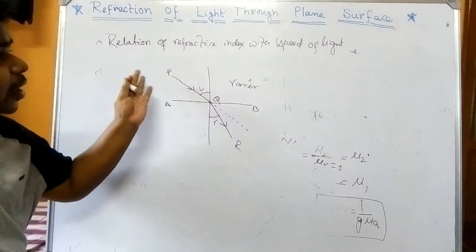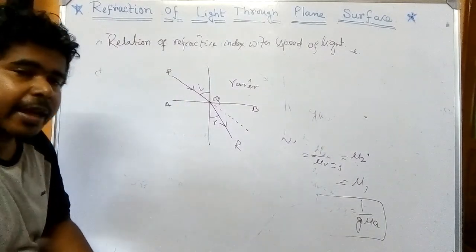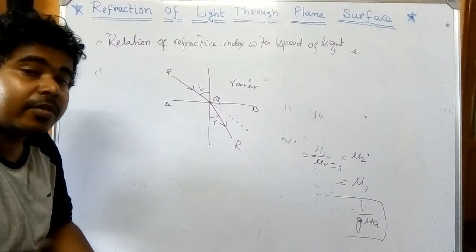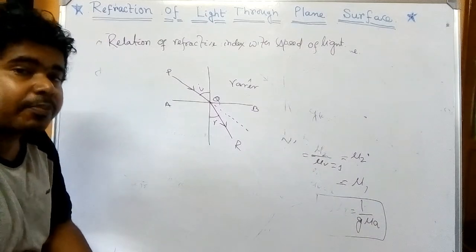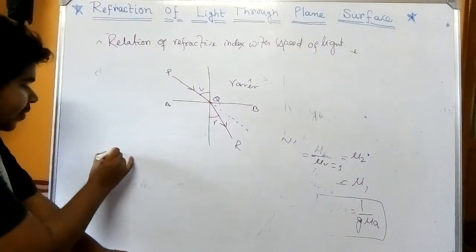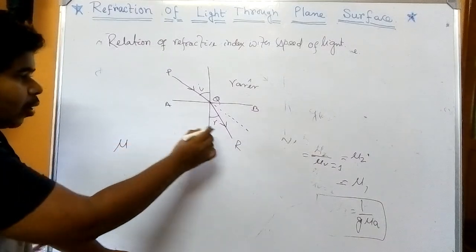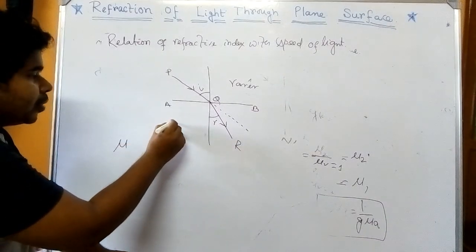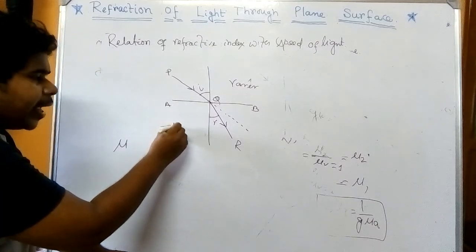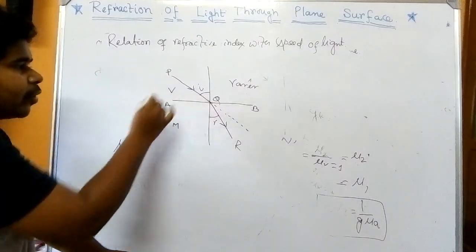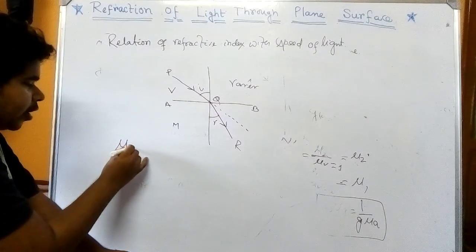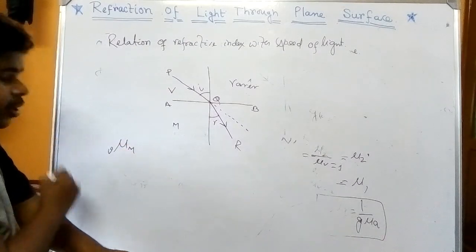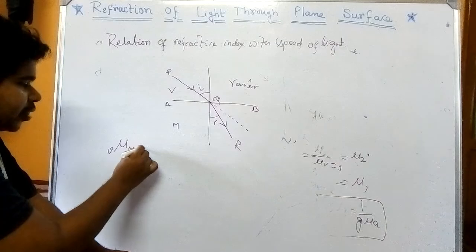When a light ray comes from vacuum, the refractive index is related to the speed of light in this way. Taking the medium as M, we write the refractive index of the medium with respect to vacuum.